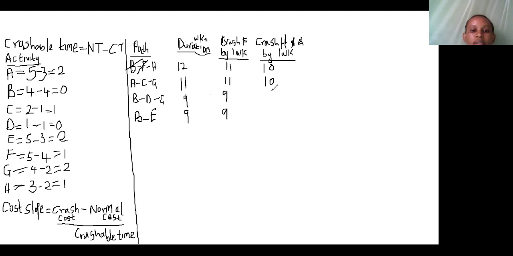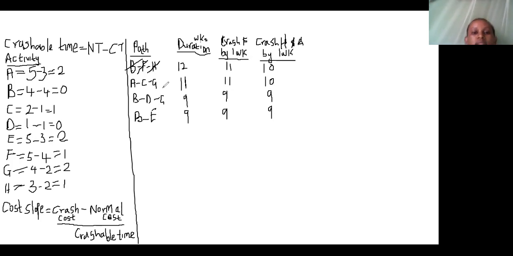The next two paths do not have H, and even activity A, so they'll still have a period of 9 weeks each. And therefore, because we have exhausted the crushable time of our original activity guiding us, H, we mark the end of the crushing of our activities in the project.